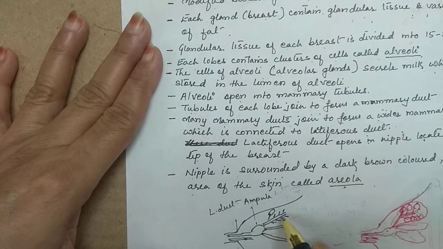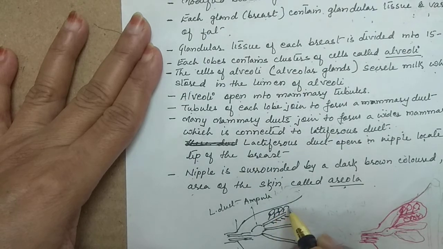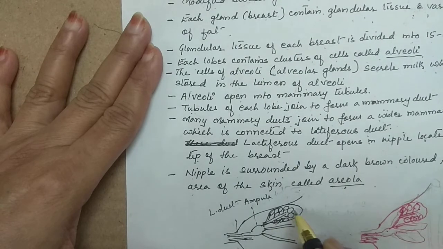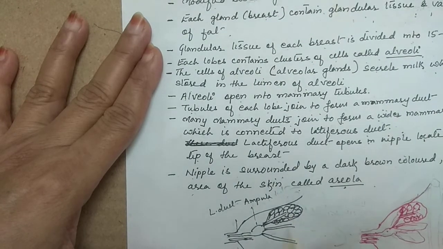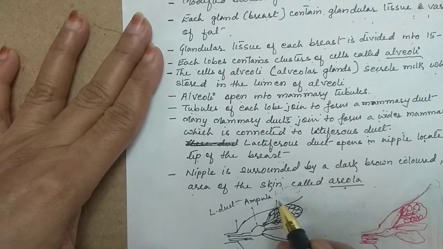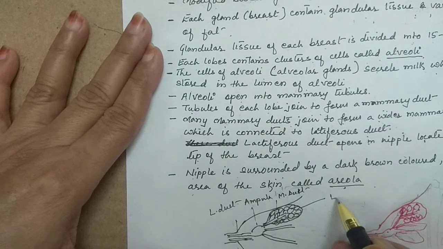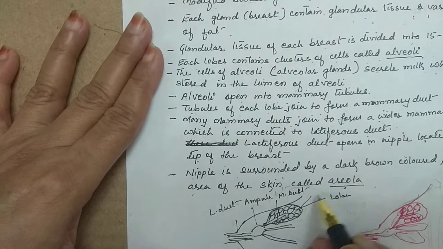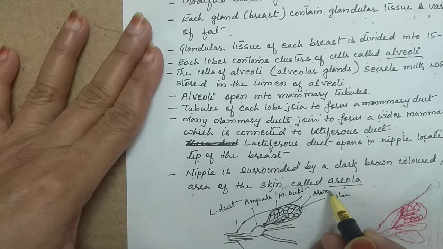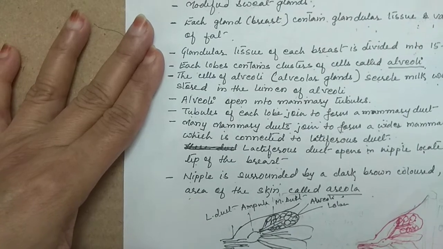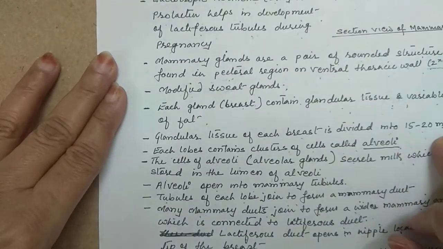See here, this is alveoli, this is alveoli, this is alveoli. The alveoli collectively form one lobe. This is one lobe, and this is the mammary duct. Similarly, you have another lobe.